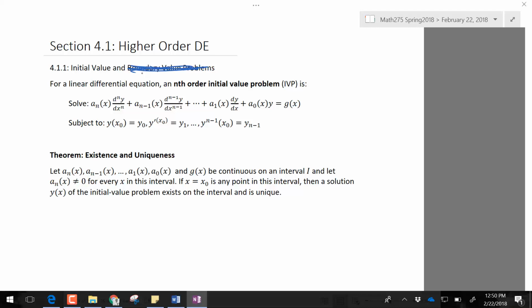Now, in the first order, we only had one initial condition. But if you have an nth order differential equation, you should be looking for n initial conditions.